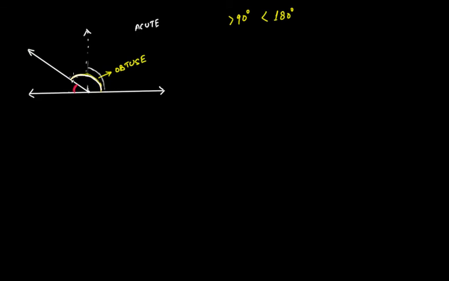It's greater than this angle, but it's less than this whole straight angle, right? This portion is actually smaller than this one. So this obtuse plus this acute will make this complete straight angle. So this angle between this portion of the line and this ray is actually an obtuse angle.